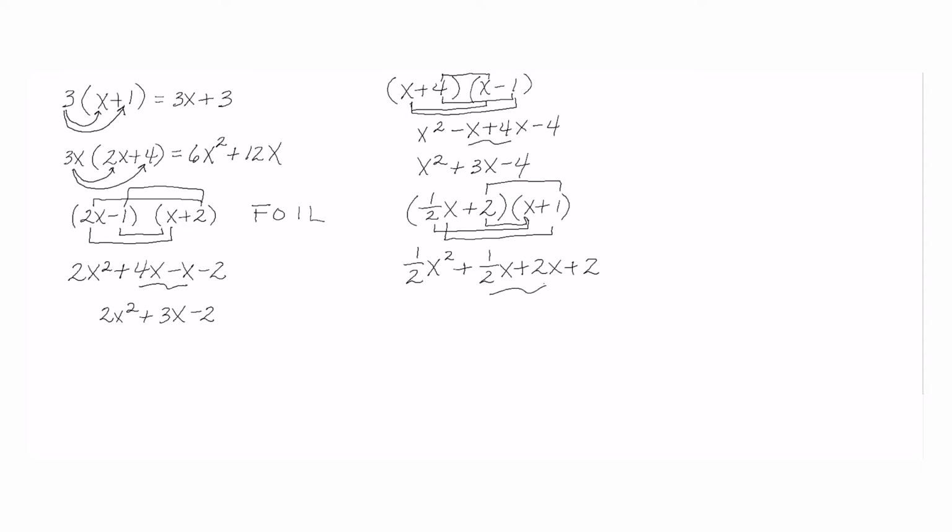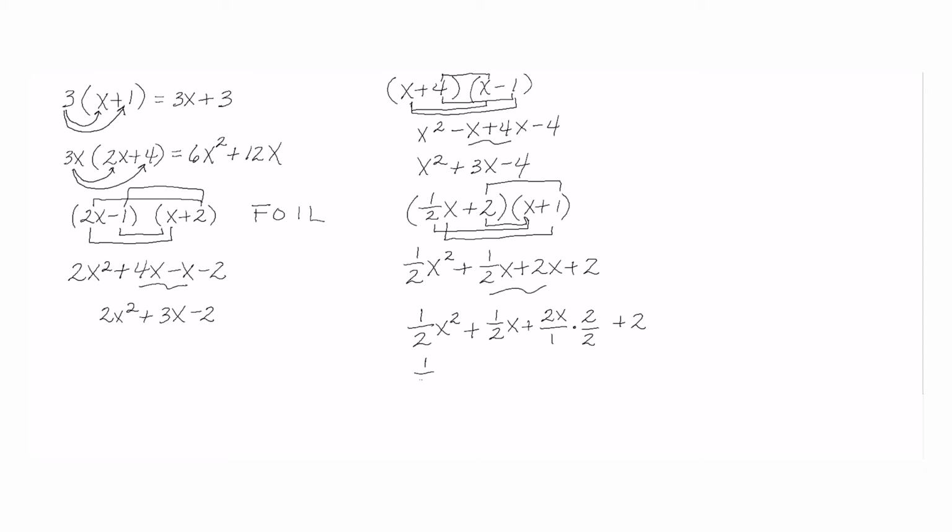So now these two guys in the middle, once again, are like terms. So we need to find a common denominator. So we have 1/2 x squared plus 1/2 x. And then 2x, we could call that 2x over 1. We'd have to multiply it by 2 over 2 in order to get the common denominator.